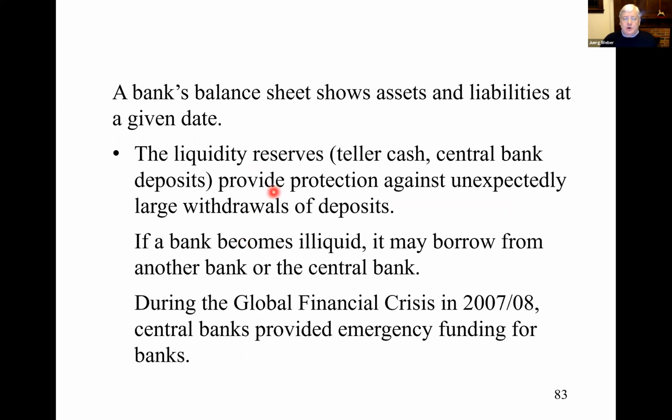Now, if the withdrawals are unexpectedly large, then the bank may become illiquid. So it may run out of cash. Then it may borrow funds from another bank in the interbank market. We have discussed this. Or if that's not possible, it may try to borrow the money from the central bank.